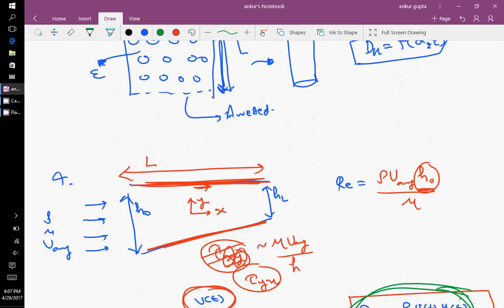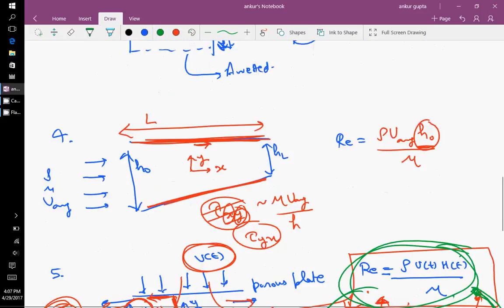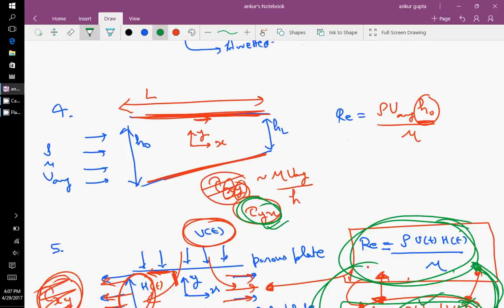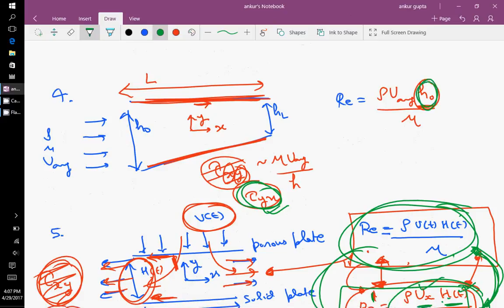The case of flow in the tapered channel, again the stresses change in the direction of y, and again this was tau yx, stress happening in the x direction, force in the x direction but perpendicular to a surface with normal in y direction. And again here the right length scale was h naught, or we can use hl also, but we have to choose something in the y direction because that is where the stress is decaying.